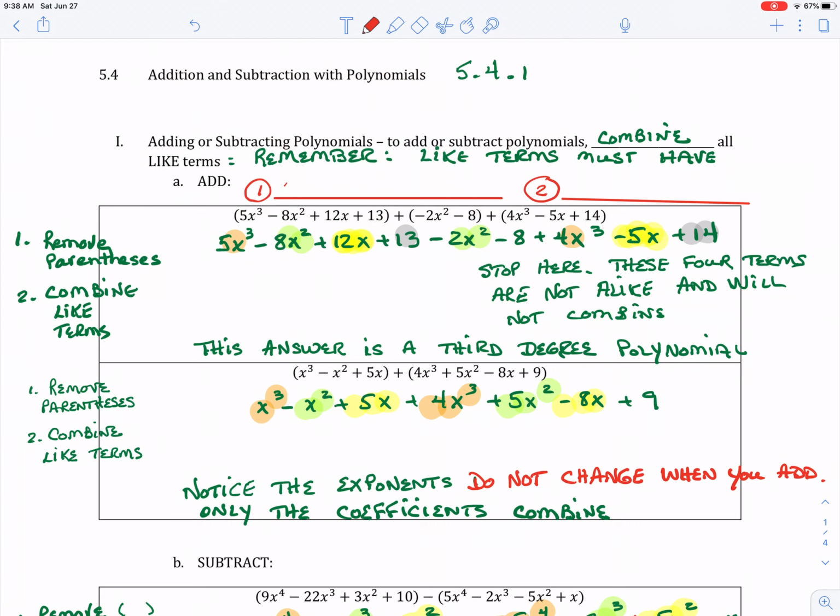They must have exactly the same variables. And on those variables, we must have matching exponents.